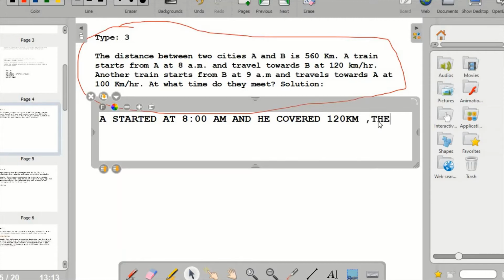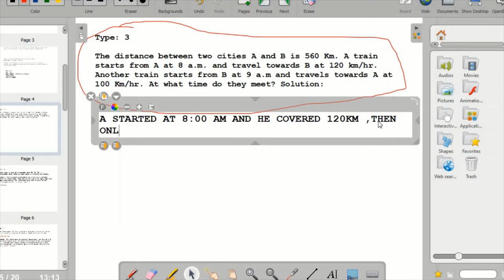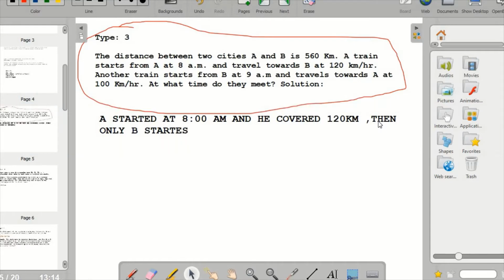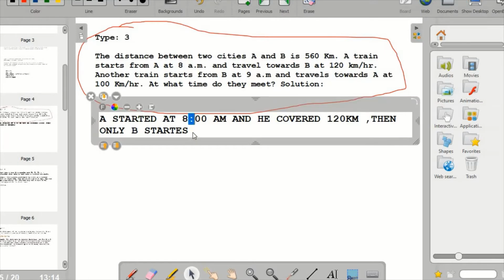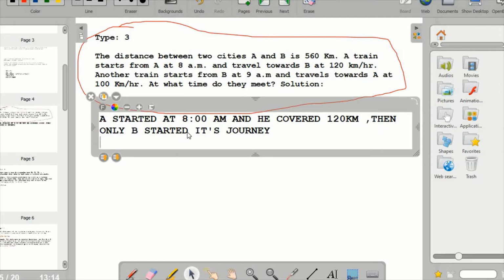Then only B started. So first A has started and it reached 120 kilometers. Then only B has started its journey. Okay guys, journey. So the remaining distance.